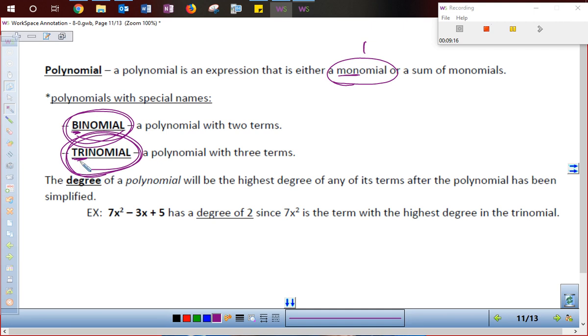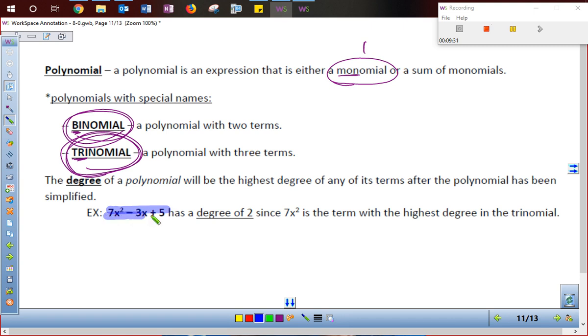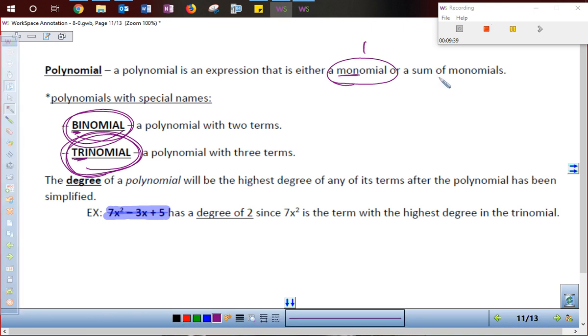Now, the degree of a polynomial will be the highest degree of any of its terms after the polynomial has been simplified. So for example, this guy right here is a polynomial, 7x squared minus 3x plus 5. That is a sum of monomials. All three of those are monomials.